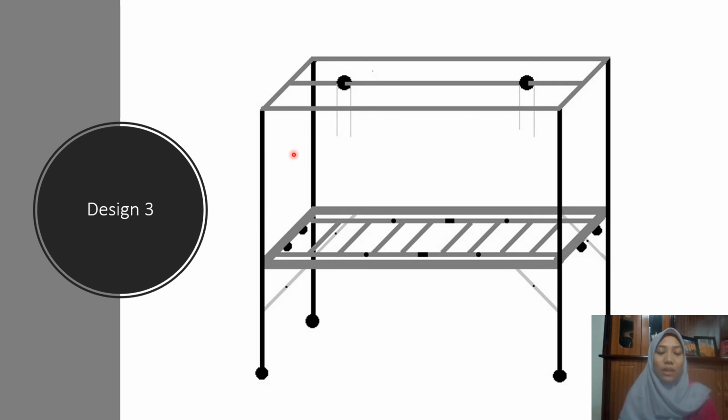We put this configuration as our third design because we haven't seen any gurney design that uses this configuration. That's why we want to analyze this design to know whether it is possible for our tool or not.